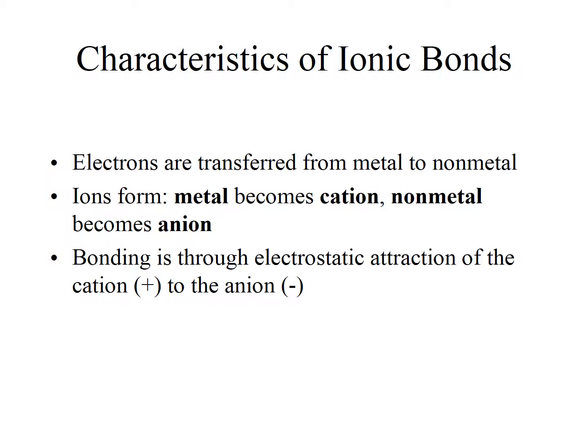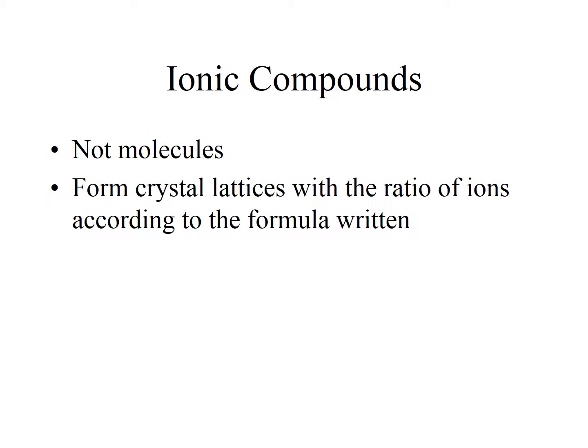The characteristics are that electrons are transferred from the metal to the nonmetal. That means the metal has a positive charge, it's a cation, and the nonmetal has a negative charge, it's an anion. And they just stick to each other through the attractiveness of the positive to the negative. Ionic compounds are not molecules, they're crystal lattices.